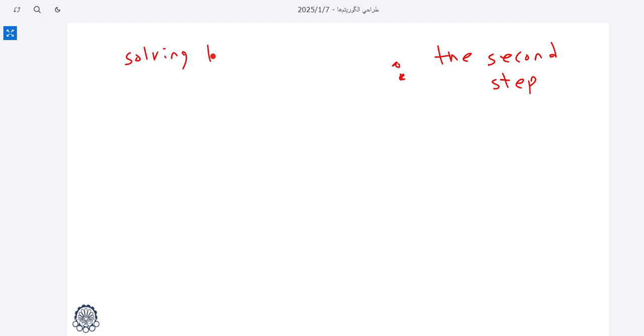Solving the problem recursively for each subproblem.